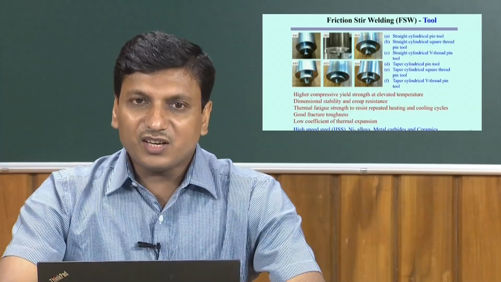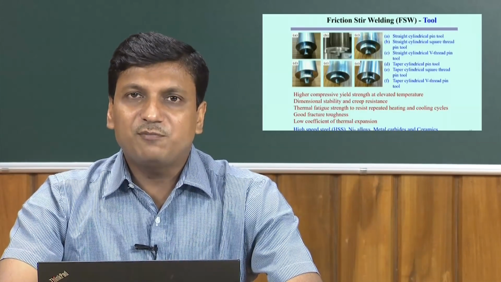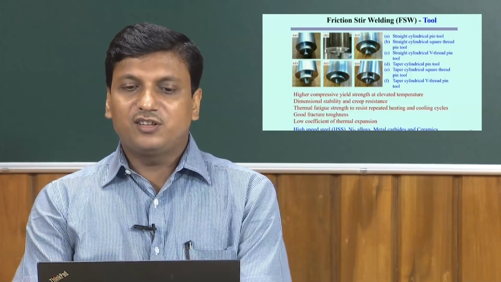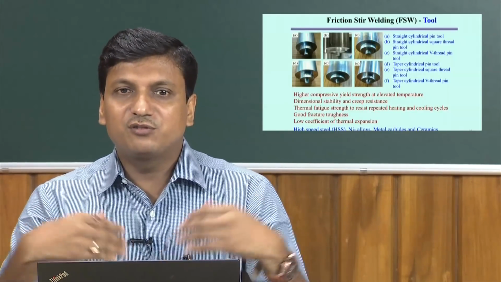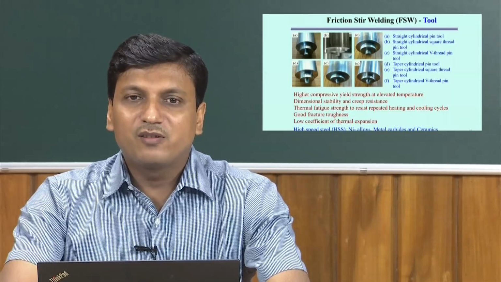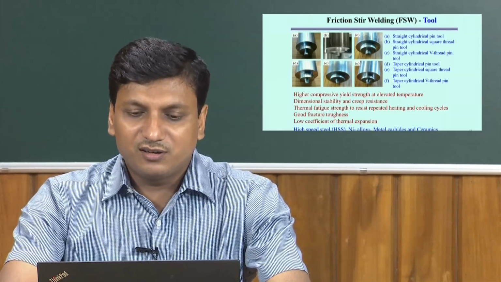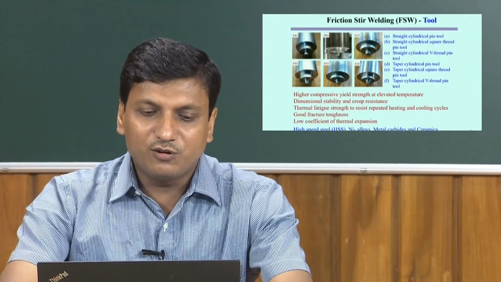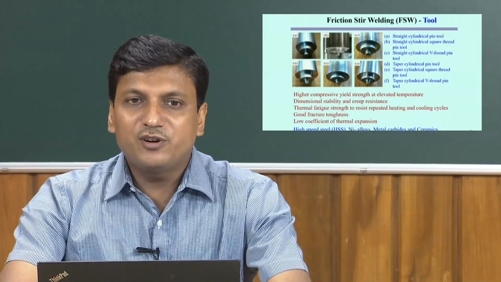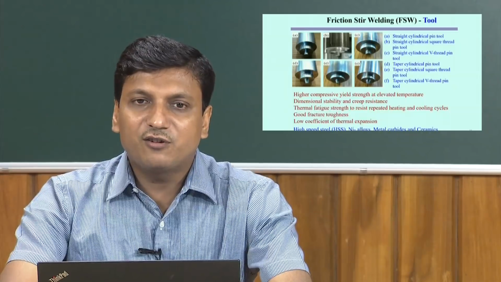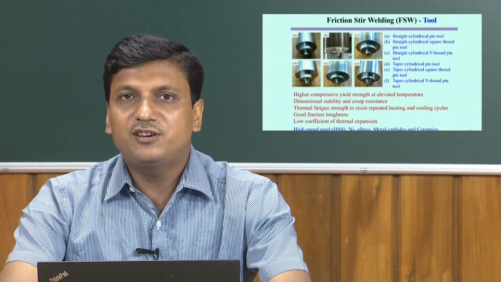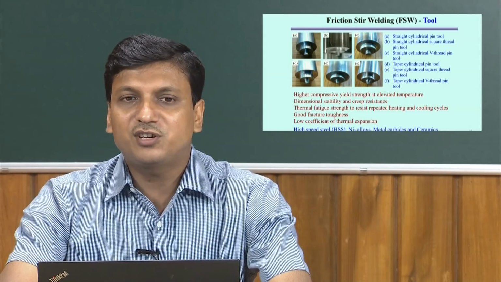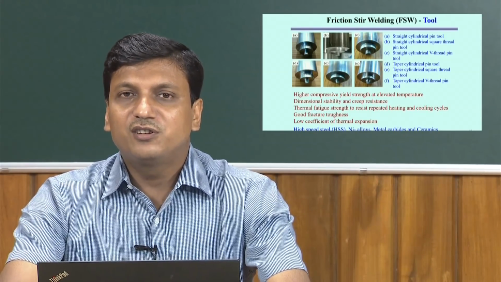Although we can use this type of tool profile, when choosing the tool material, that is, what the material of the tool should be, it should have some basic properties. First, the tool material should have high compressive yield strength at elevated temperature, because the tool is subjected to highly compressive stress.